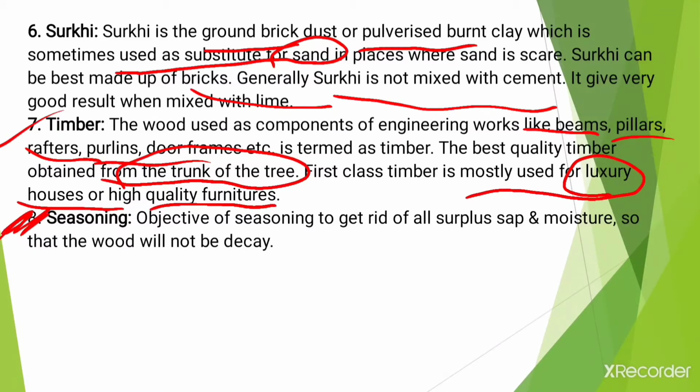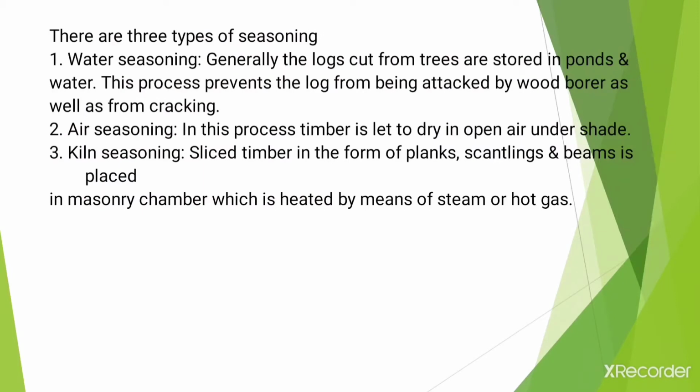Now seasoning is required in the case of timber before using it for construction. What is the basic objective of seasoning? To get rid of all the surplus sap and moisture, so that the wood will not decay. There are three types of seasoning methods. The first one is water seasoning.